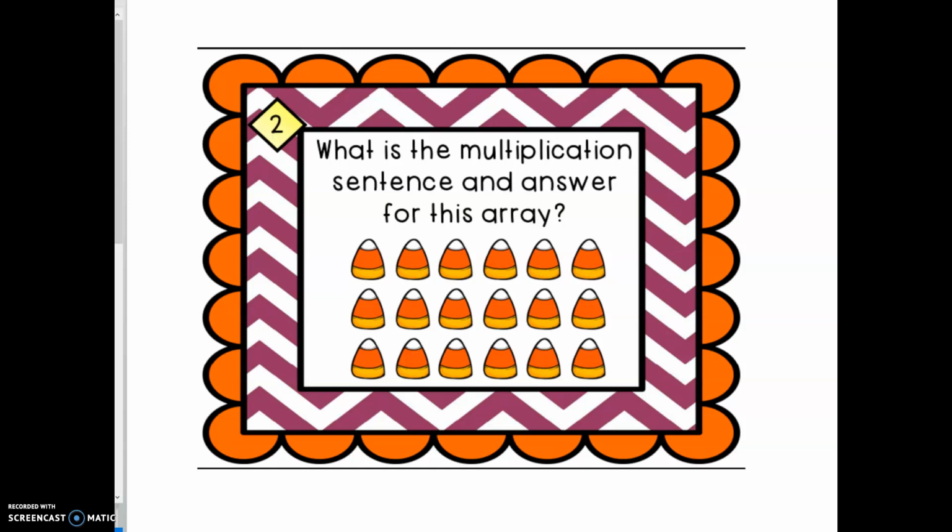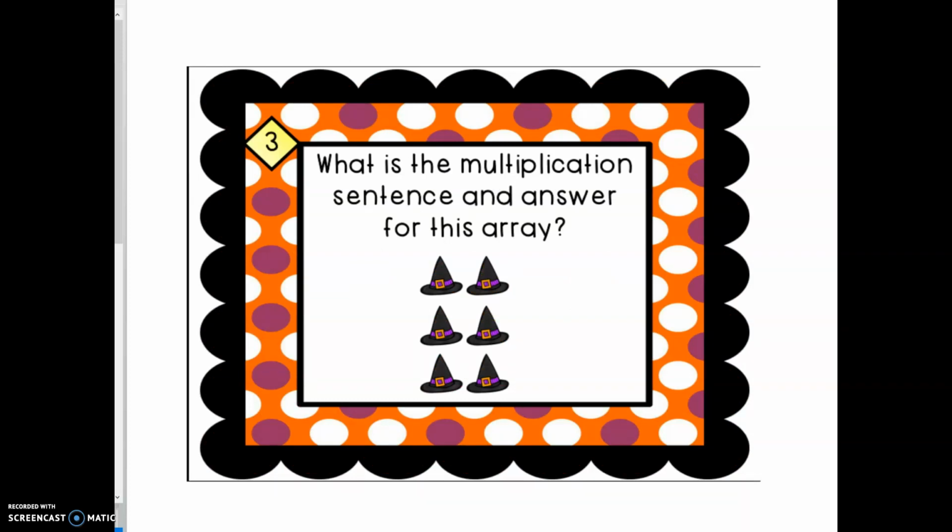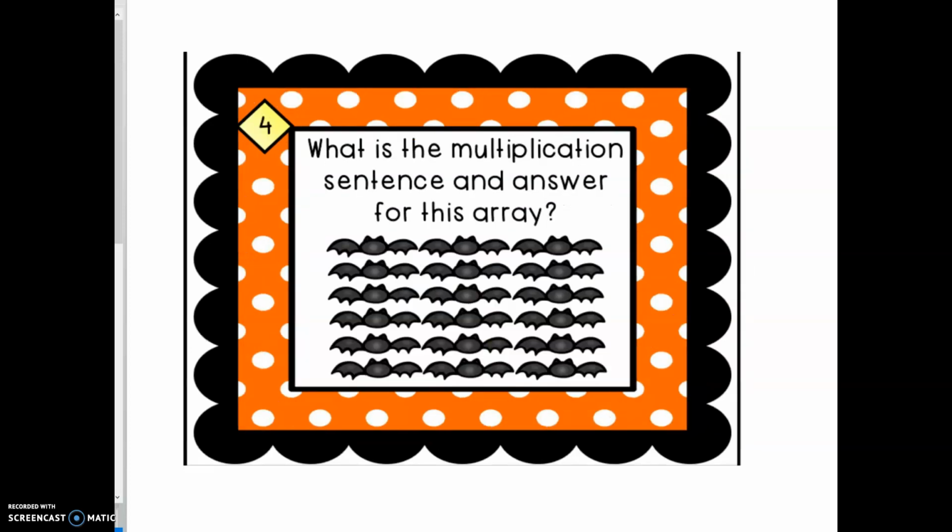Number 2. What is the multiplication sentence and answer for this array? Number 3, what is the multiplication sentence and answer for this array? Number 4, what is the multiplication sentence and answer for this array?